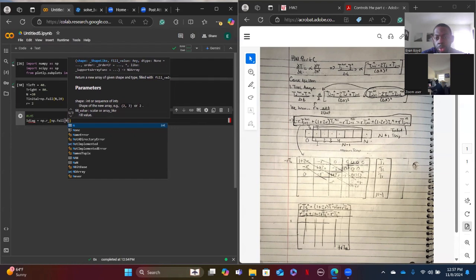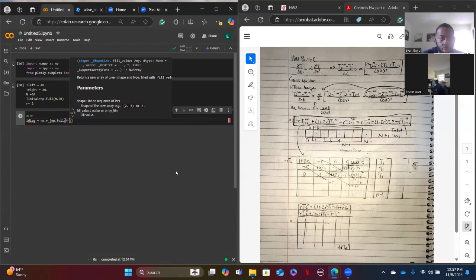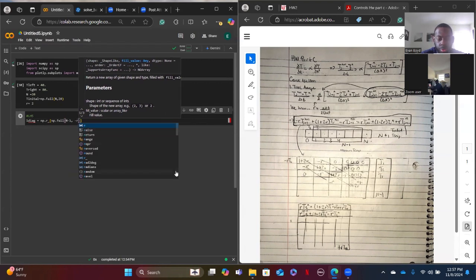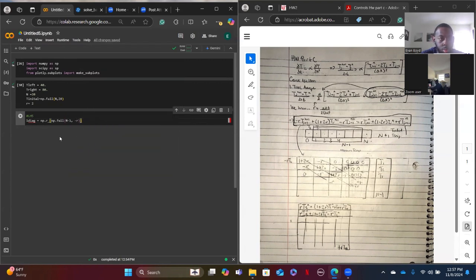Because remember, N minus 1 is what's in the middle, so we're representing this here. And of negative R. And we will start off, and the right-hand side will be 0.